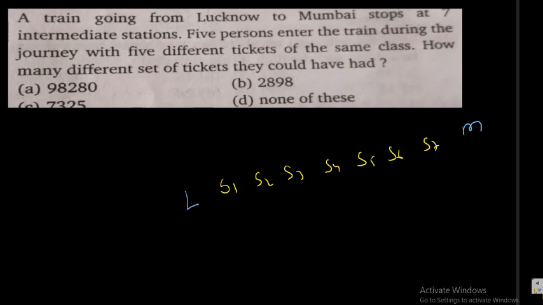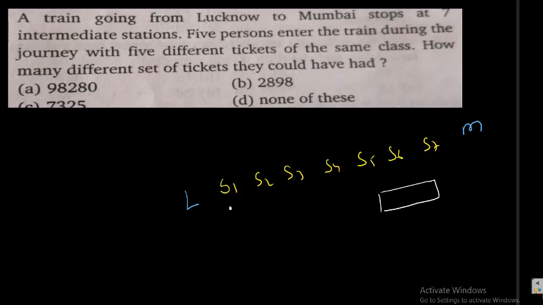Okay. So according to the question, the passenger can travel from one station to another station. Between this means they can start at S1. First of all, I want to find possible ticket combinations. Observe, this is the ticket.